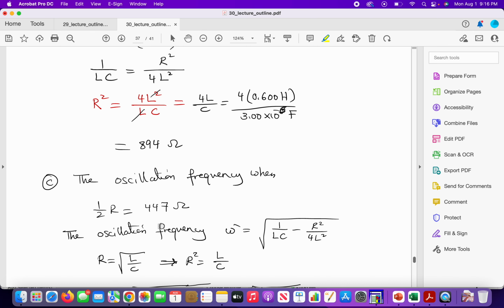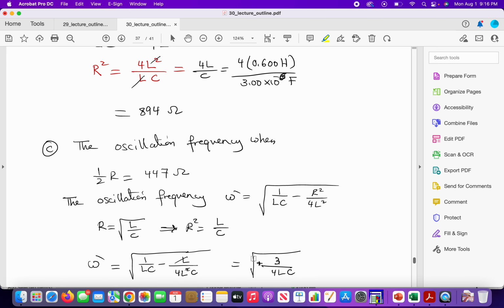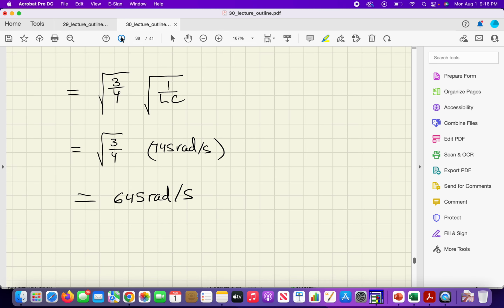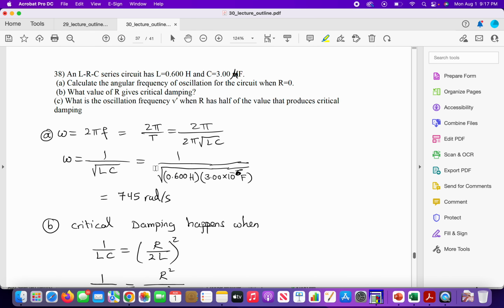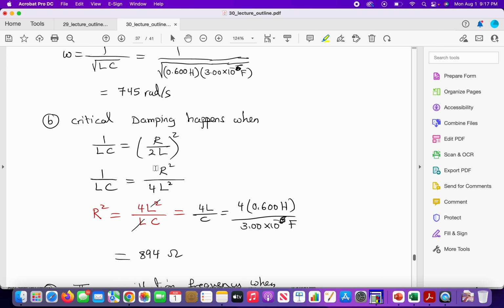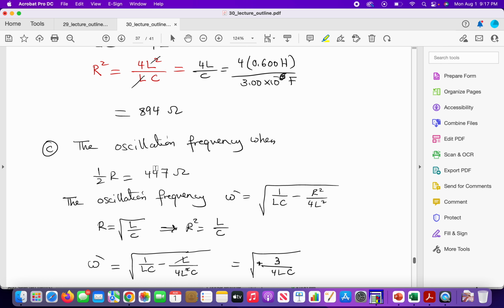If I equate these two together, and then R squared is L over C, I can find what is omega prime, and from that I will be able to calculate what is really the value of omega prime.